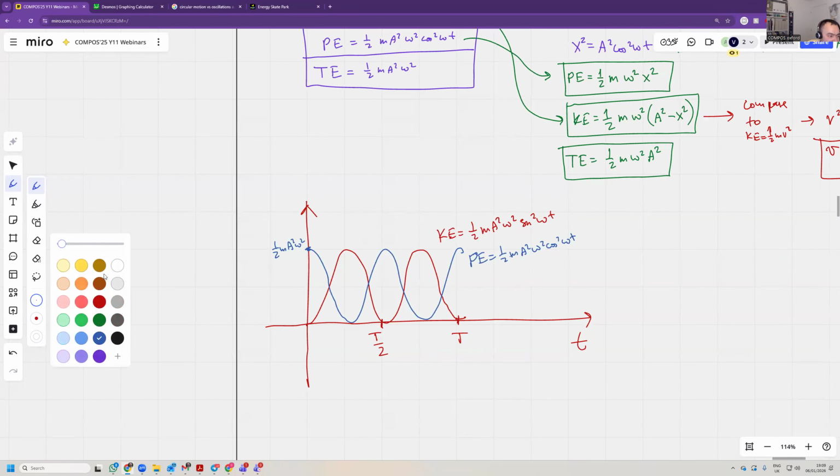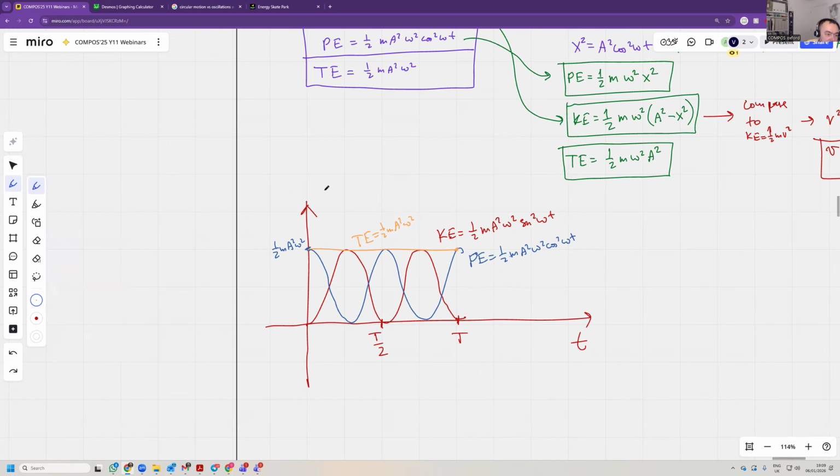And if you add them together, you get the total energy, and the total energy is just this horizontal line. Total energy is equal to 1/2 m a squared omega squared. So that's energy versus time.